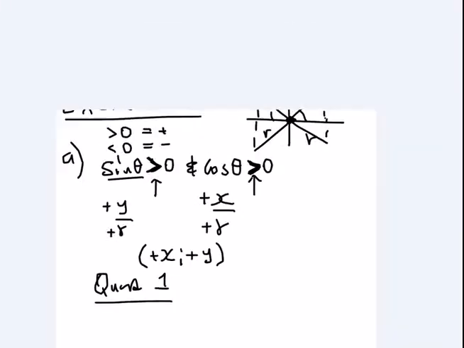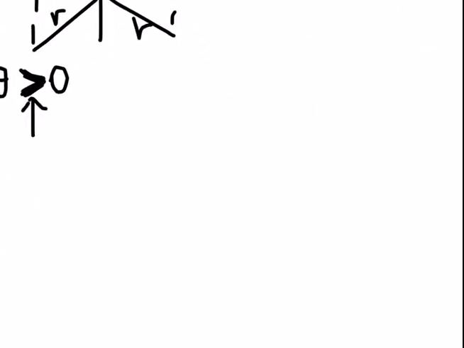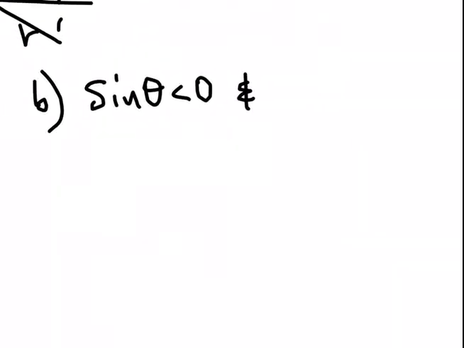So it's fine. Let's jump on to another question. Let's say B. For B, they are saying sine of an angle is less than 0. Less than 0, you should just interpret as something being positive or negative. That's all that you need to interpret.